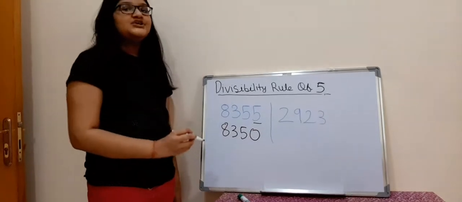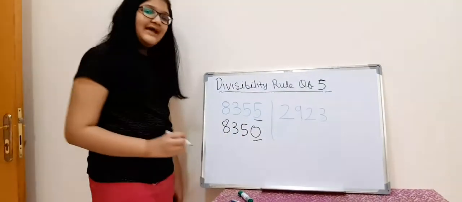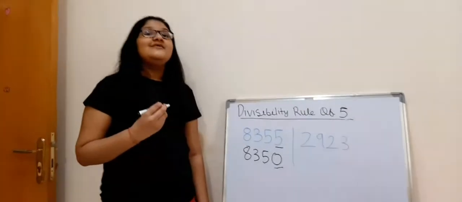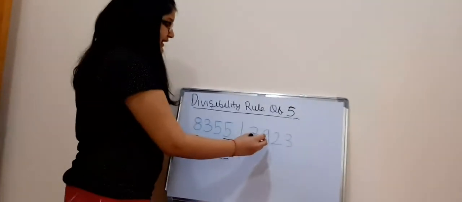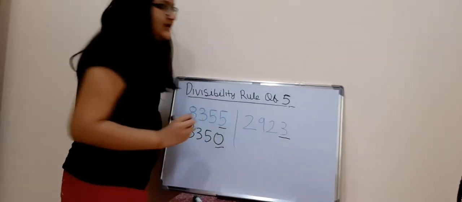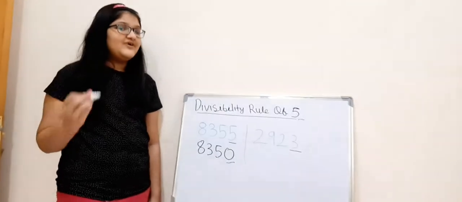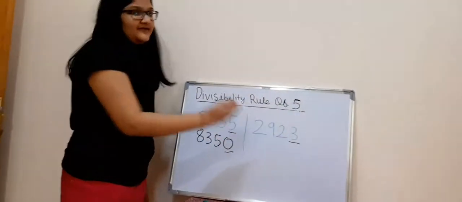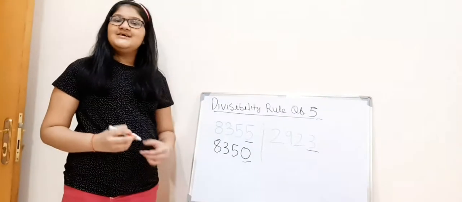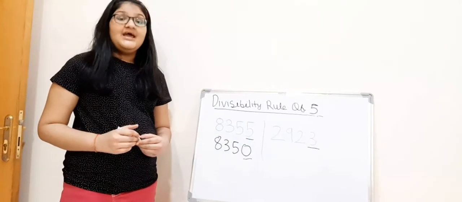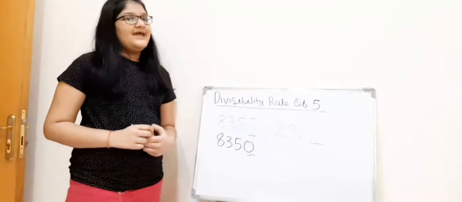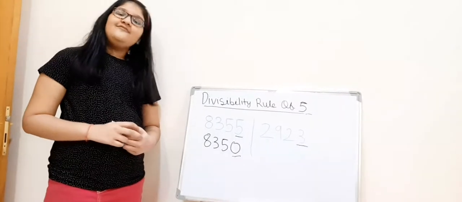Then the last digit would have been 0. Then also it would have been divisible by 5. Now, over here, the last digit is 3. It is not 0 or 5. So, this number is not divisible by 5. So, what is the rule? If the last digit is 0 or 5, then the number is also divisible by 5.